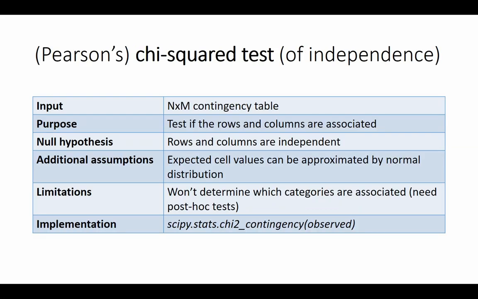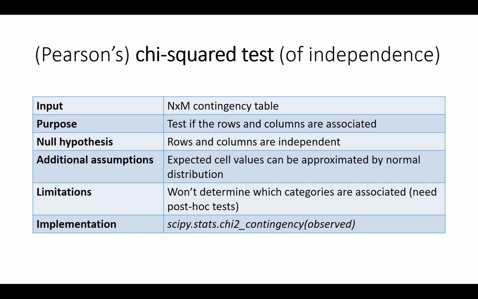But luckily, we have a different test, which is called the Pearson's chi-squared test of independence. The input of the chi-squared test is any size of contingency table. And like the Fisher's exact, it will test whether the rows and columns are associated, again, under the null hypothesis that rows and columns are independent.